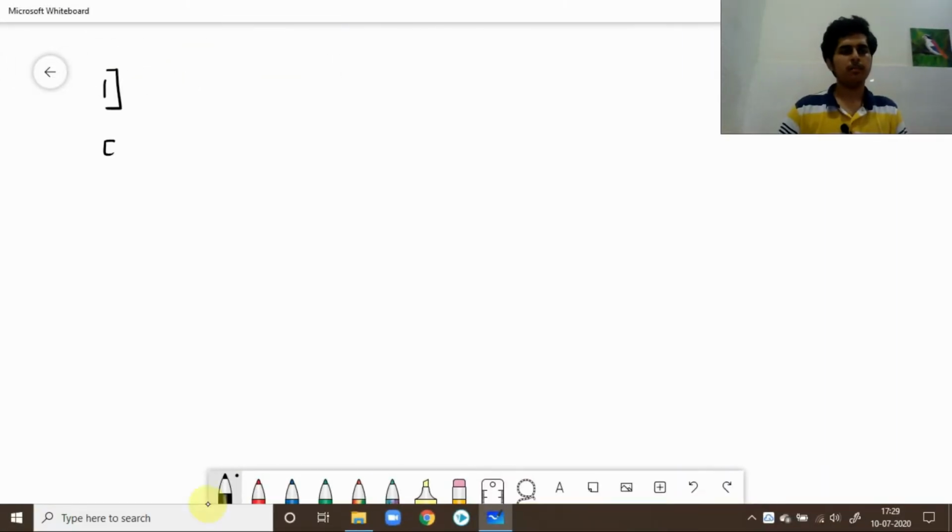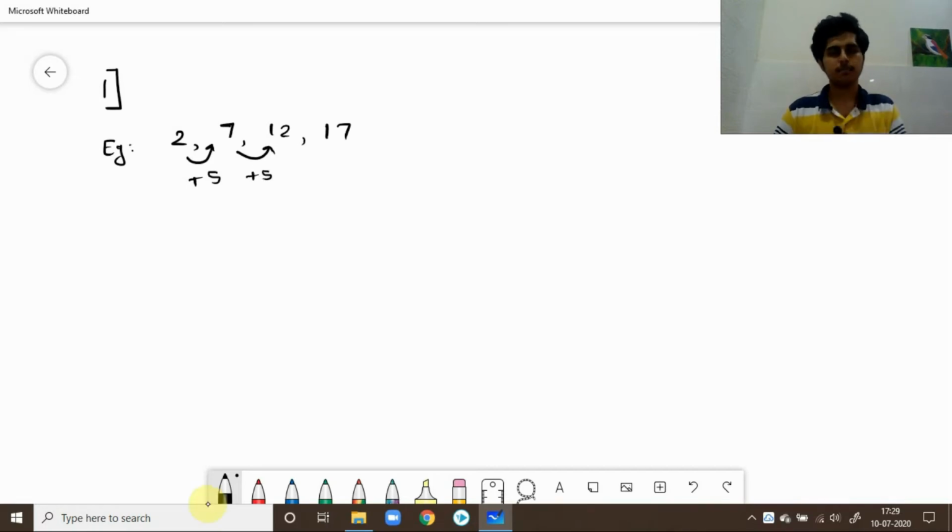Let me take a different example from the previous one. You get 2, 7, then 12, 17. Here you're adding 5. For each term you keep on adding 5 to get the next term. But don't get confused, you can even subtract something.